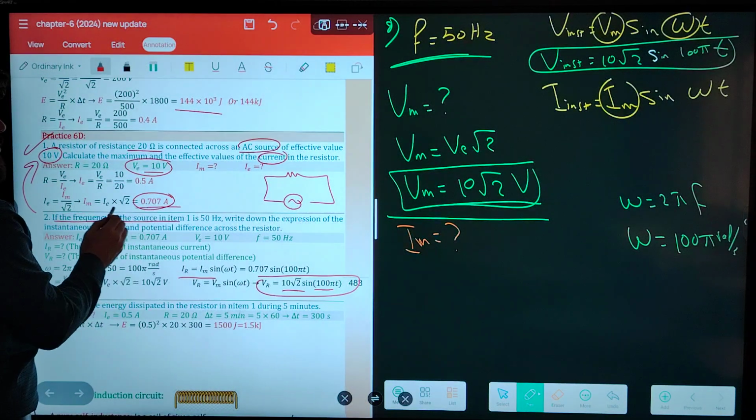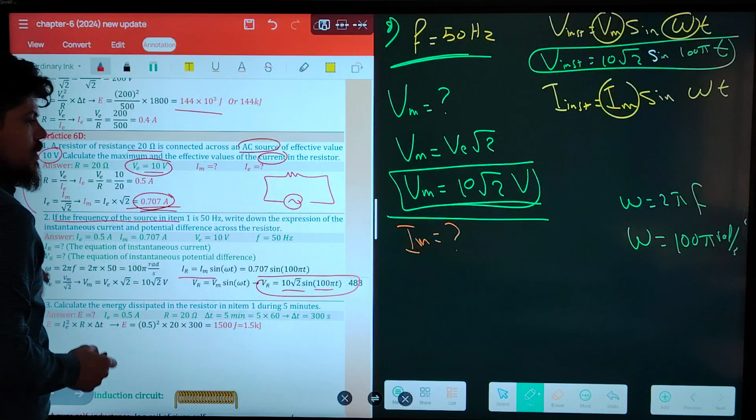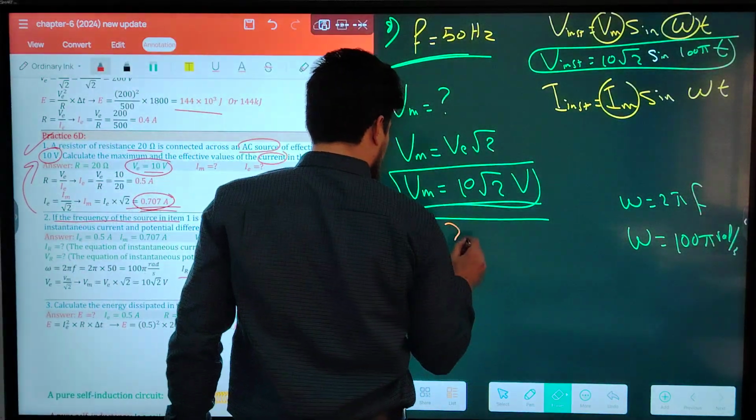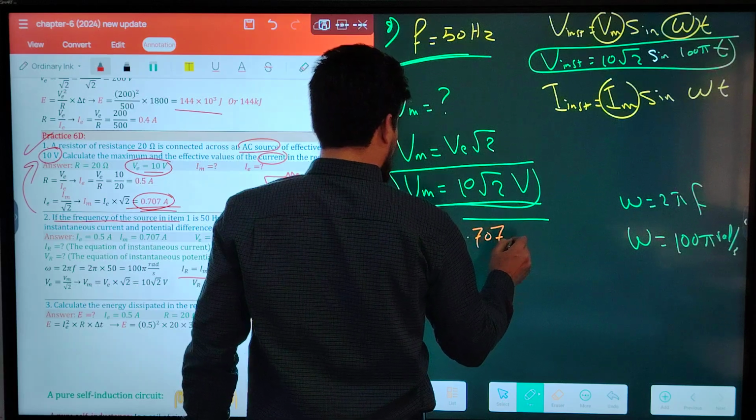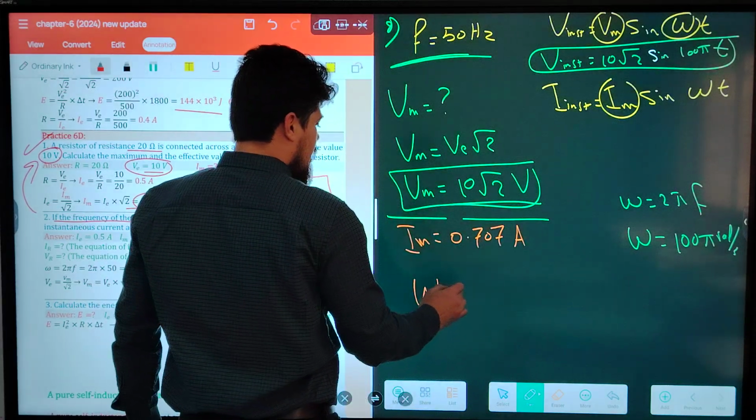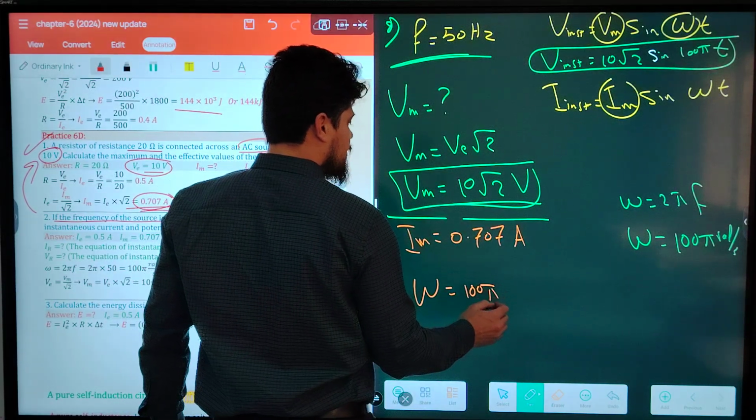Im we didn't have, but we found in the previous question, question 1. Im in item 1 is equal to 0.707 ampere. Omega is the same, 100 pi.